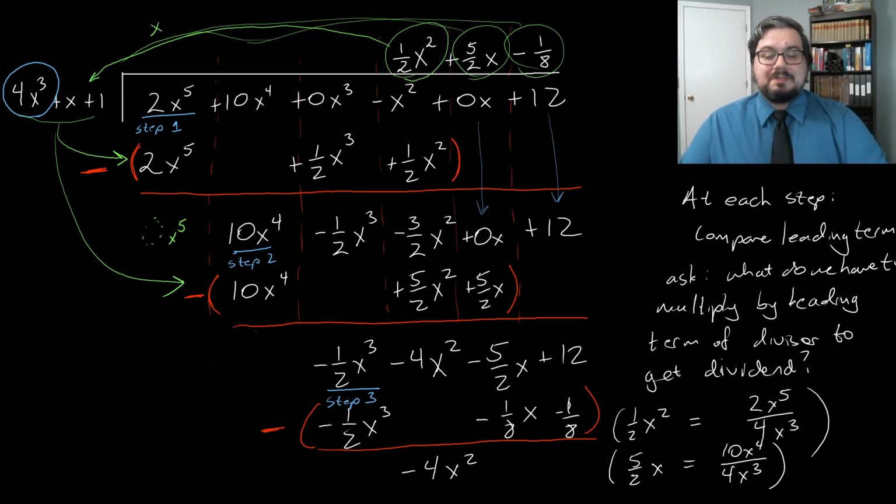Negative 5/2 minus negative 1/8 is negative 5/2 plus 1/8, which turns into a negative 19/8. And then finally, we have 12 minus negative 1/8, so that's 12 plus 1/8, and so that'll be 97/8.